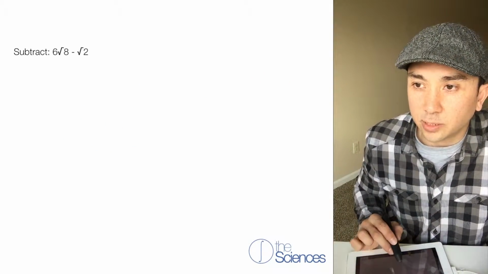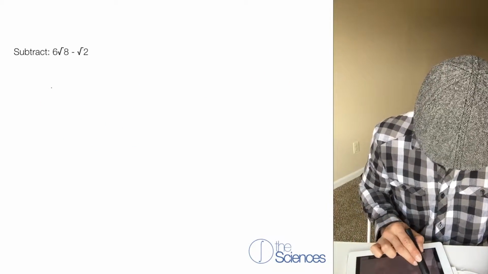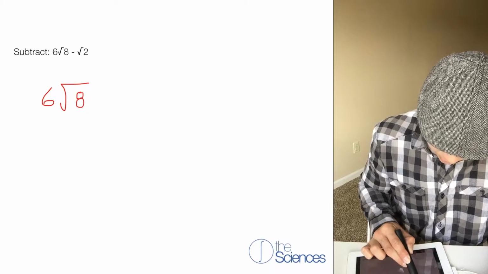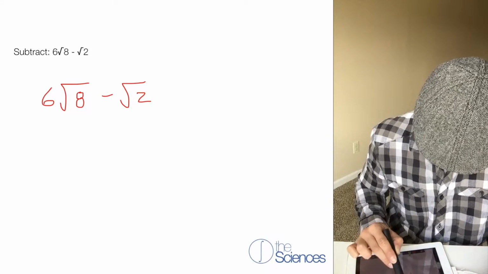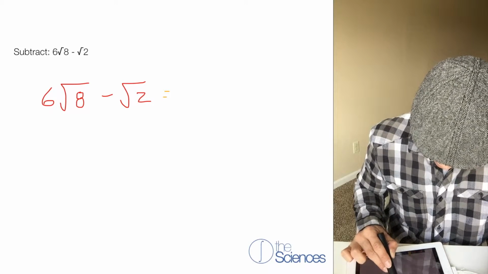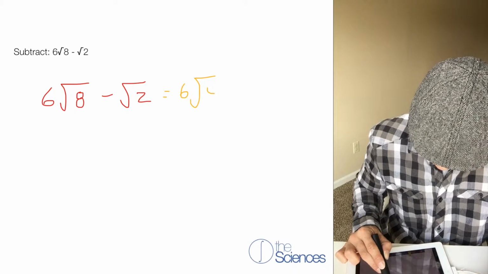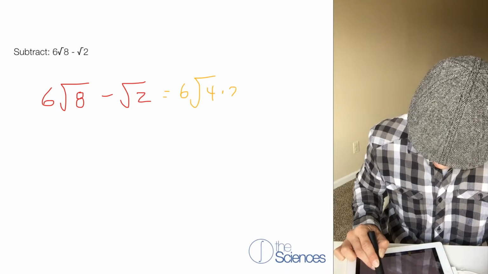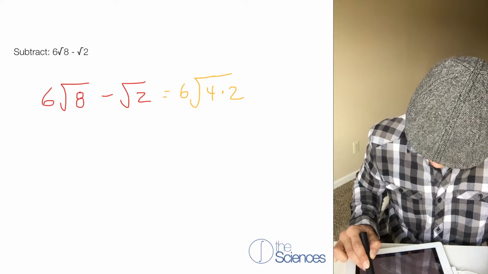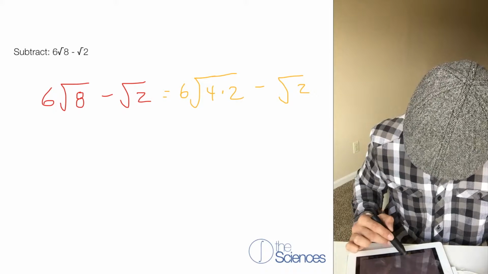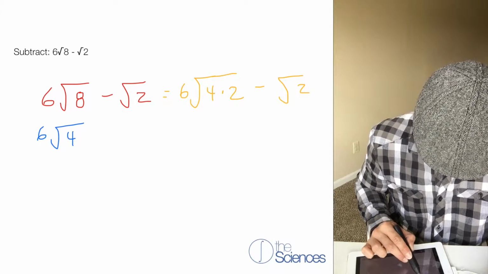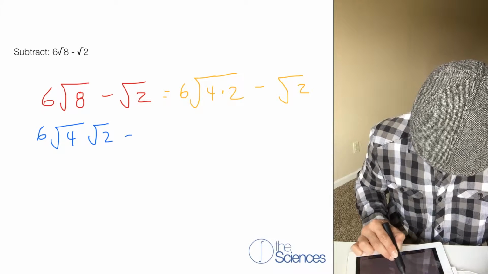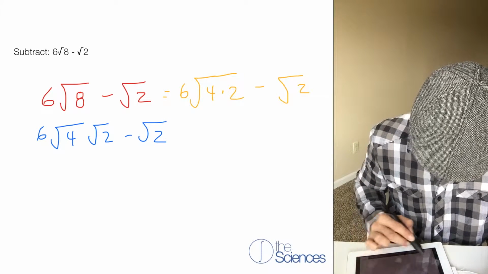So now let's subtract 6 square root of 8 minus the square root of 2. Well, we can break down the square root of 8 into the square root of 4 times 2 minus the square root of 2. So this gives us the square root of 4 times the square root of 2 minus the square root of 2.